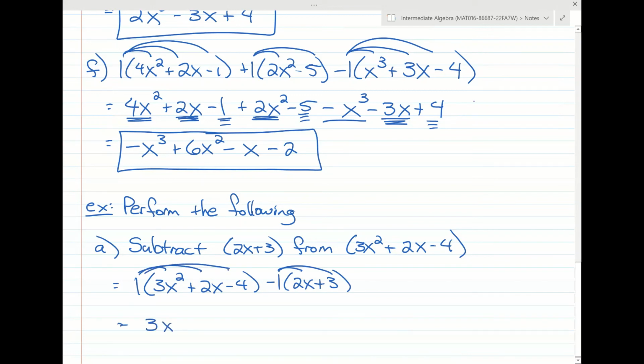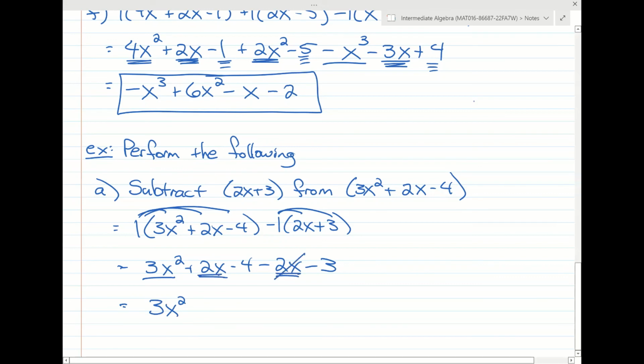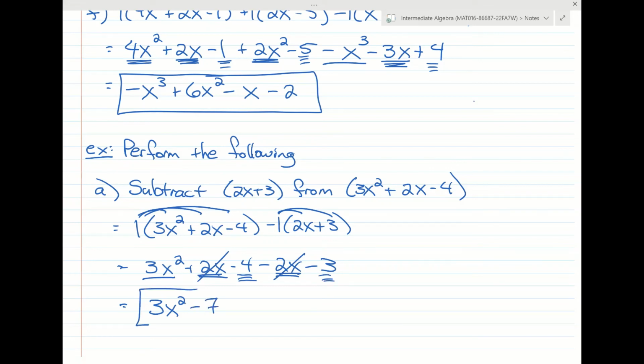And this is 3x squared plus 2x minus 4 minus 2x minus 3. Finding like terms. I like this underline system. It just makes sure that I don't miss anything. 2x minus 2x cancels. Negative 4 minus 3 is negative 7.